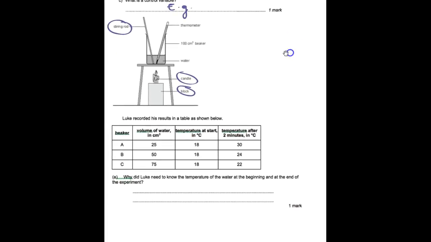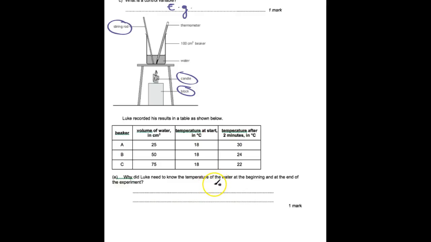Okay, Luke recorded his results in the table as shown below. So we can see here we've got the volumes of water that he chose. Remember, it's an independent variable, so he chose it. He did 25, 50, 75, and then he looked at the change in temperature. So why did he need to know it? So he could see how much the temperature had risen.